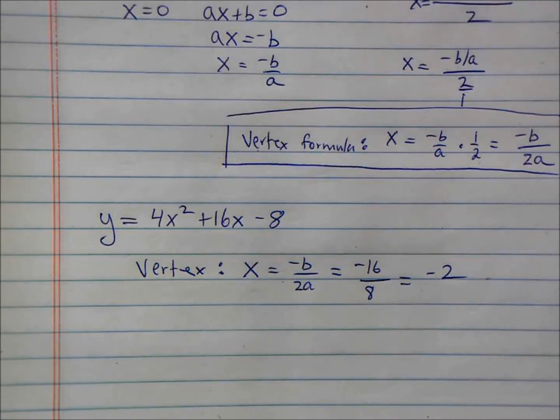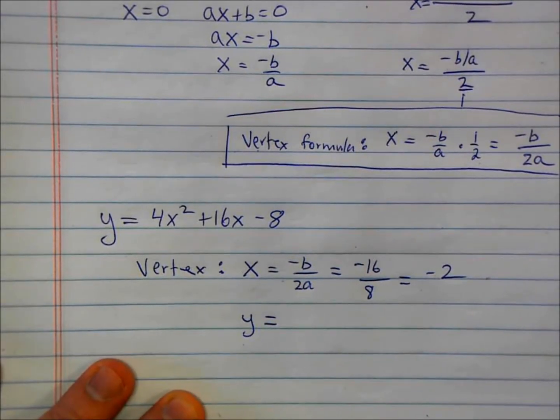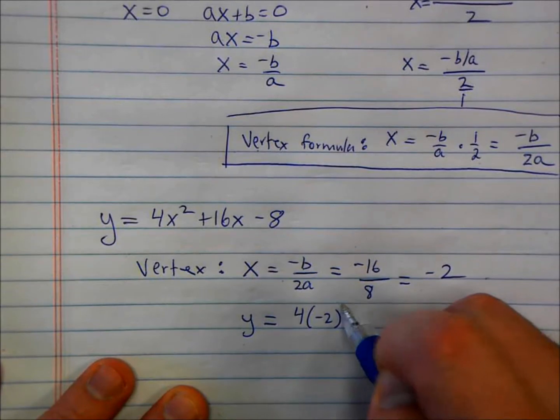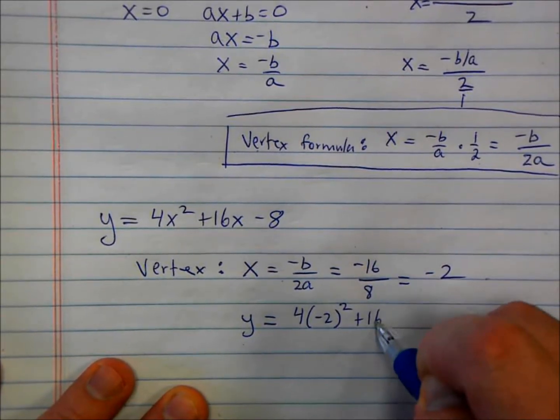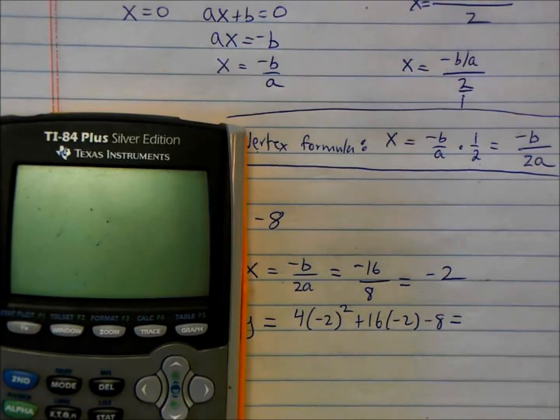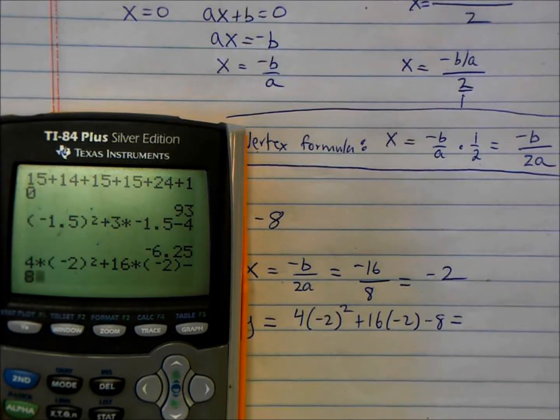Now we need to find the y number. So I'm just going to take negative 2 and plug it in. That's 4 times negative 2 squared plus 16 times negative 2 minus 8. I'm going to grab my calculator. 4 times negative 2 squared plus 16 times negative 2 minus 8.